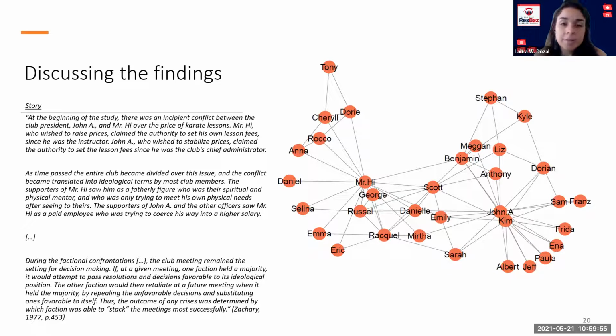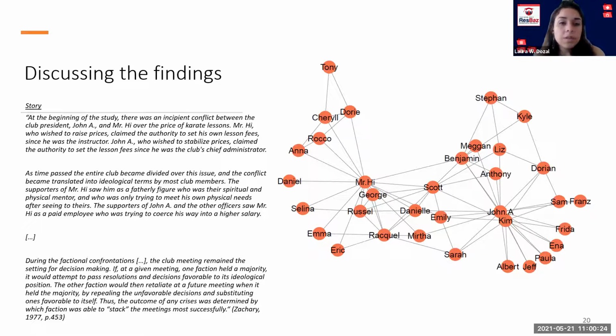Here, Zachary describes some of the supporters of Mr. High who saw him as a fatherly figure, their spiritual and physical mentor, who was only trying to meet his own physical needs after seeing to theirs, whereas the supporters of John A and the other officer saw Mr. High as a paid employee who was trying to coerce his way into a higher salary.